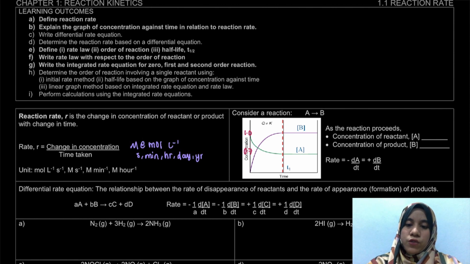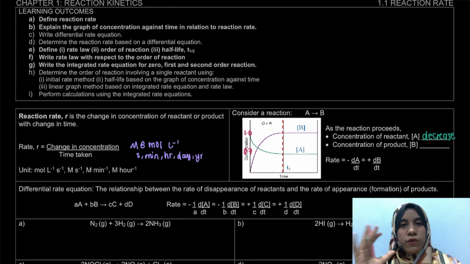Why does the concentration decrease? Because our A has changed to B, our product. So as the reaction proceeds or time increases, the concentration of reactant decreases. Meanwhile, for our product B, when t is equal to 0, at the start of the experiment, the product is not formed yet, so the concentration will be 0.